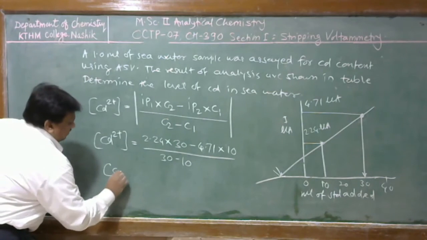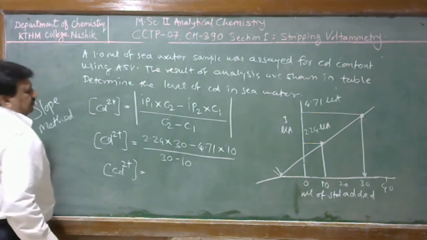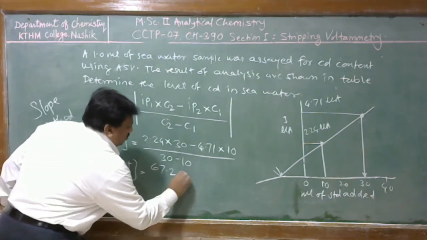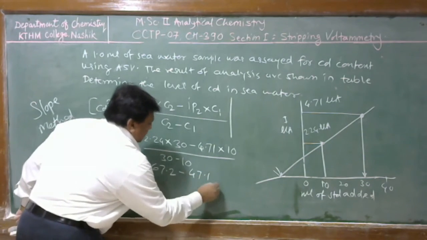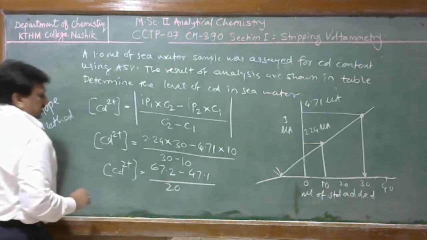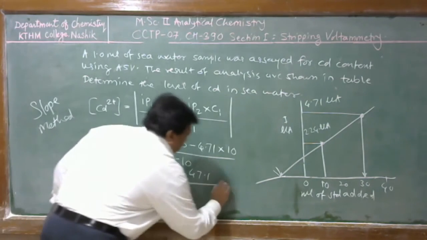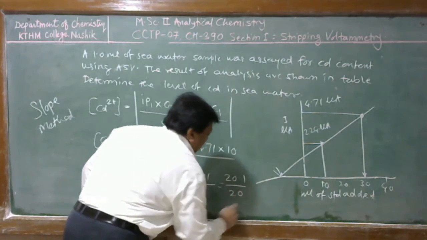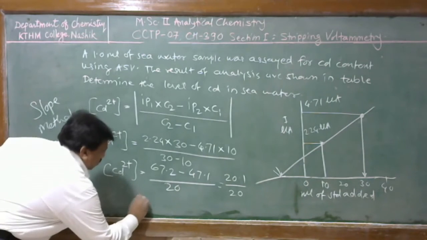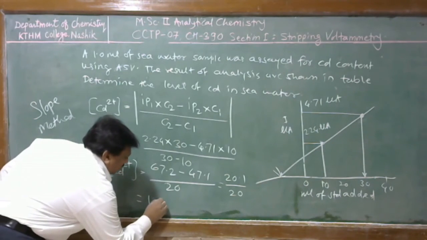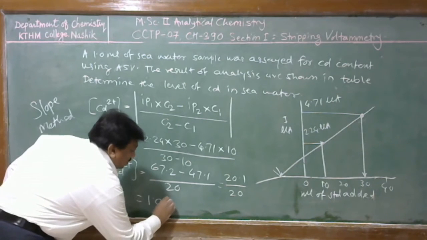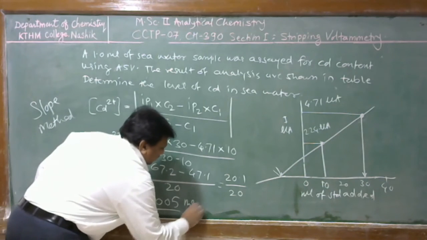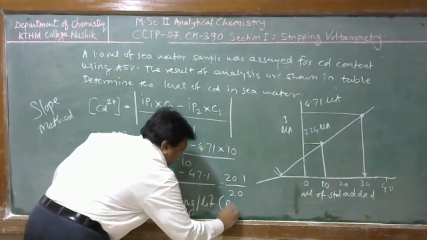Therefore, concentration of cadmium is equal to 67.2 minus 47.1 divided by 20. Therefore, this equals 20.1 divided by 20, which is equal to 1.001 milligram per liter, or ppm.